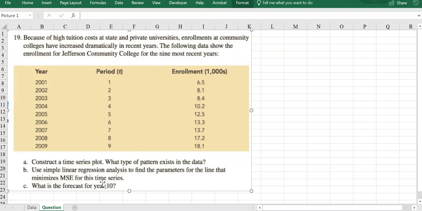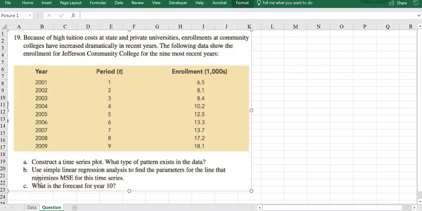This is what the trend line in a line chart gives us, because the trend line in the line chart is the optimal line in terms of minimizing SSE, sum of squares due to error, and MSE is actually sum of squares due to error divided by the number of observations, right?